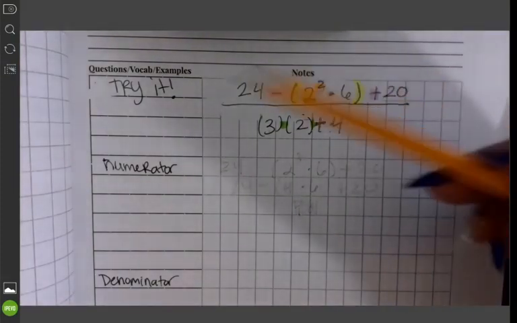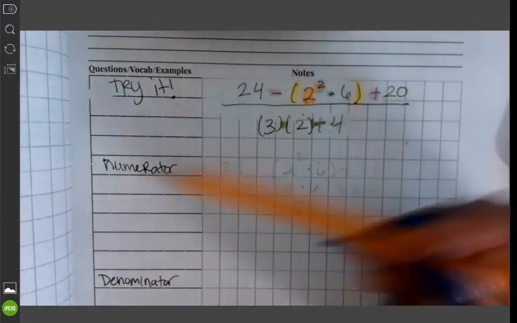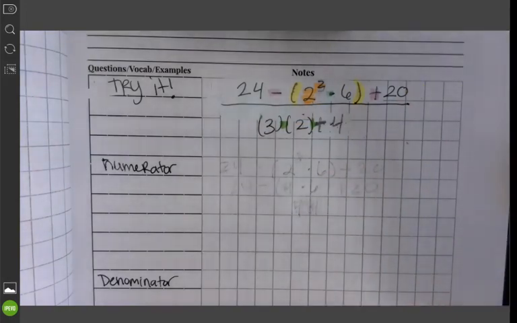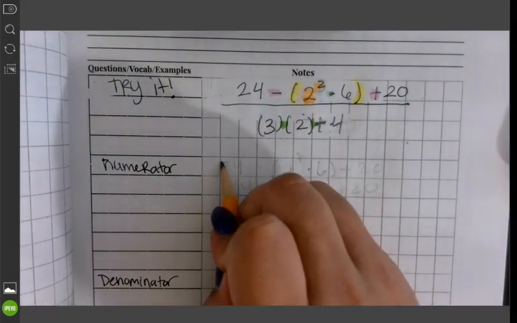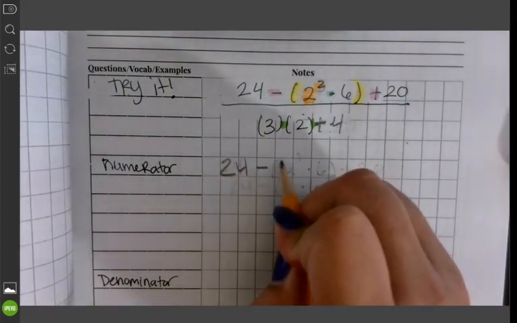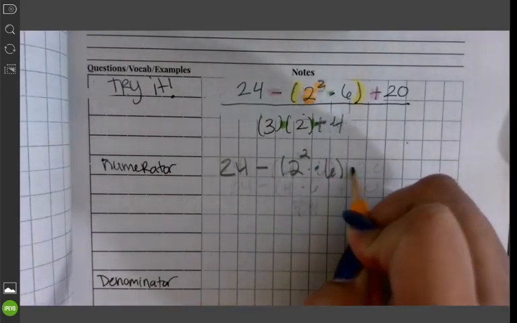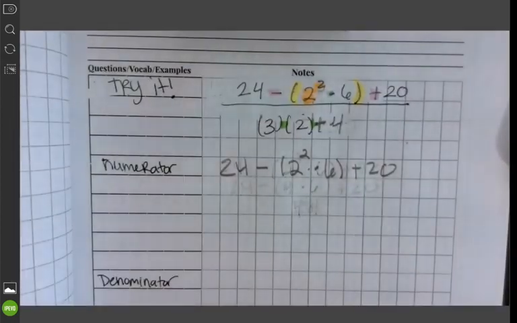Because the numerator is a group, we will do the numerator as a group first, and then we'll do the denominator as a group, and then we'll divide them. So our numerator is 24 minus 2 squared times 6 plus 20.